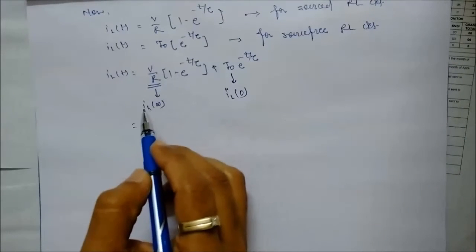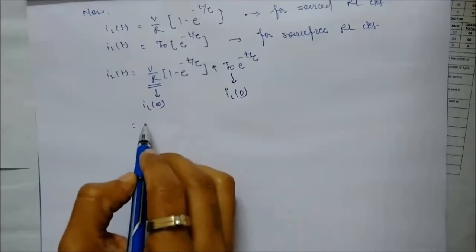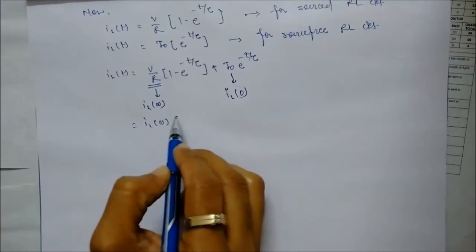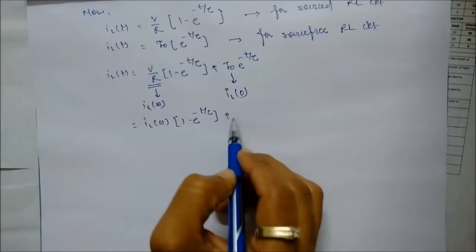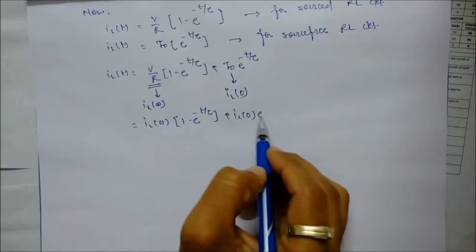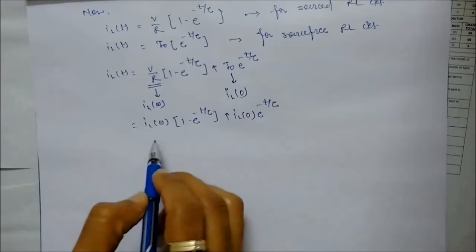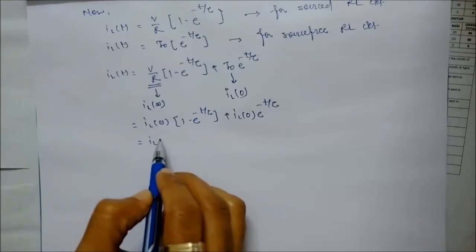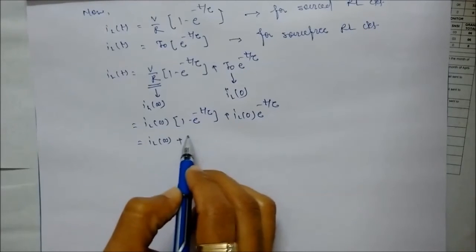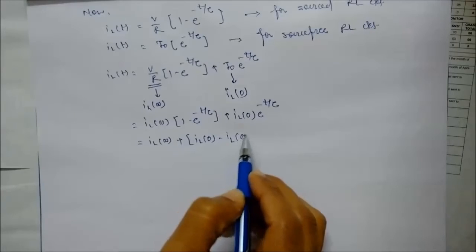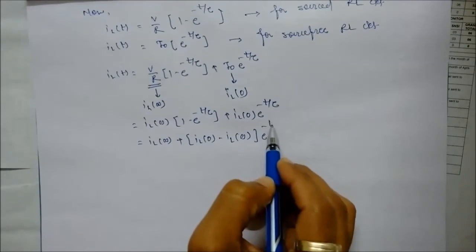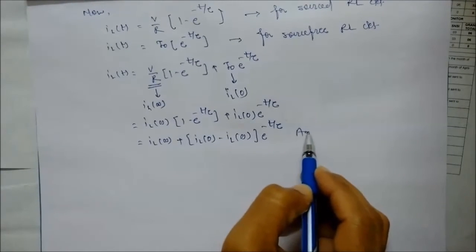So substituting these terms, we get iL infinity into 1 minus e to the power minus t upon tau plus iL(0) e to the power minus t upon tau. Rearranging the terms, we get iL infinity plus iL(0) minus iL infinity, into e to the power minus t upon tau ampere.